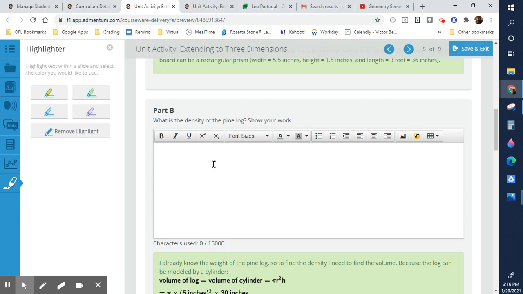In order to figure out the density of the pine log, we have to find the volume first. To find the volume of the pine log, we use the formula.